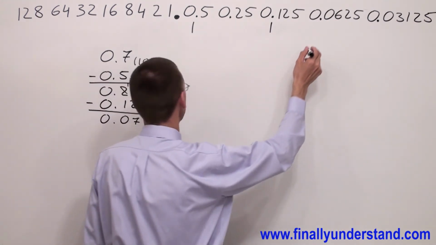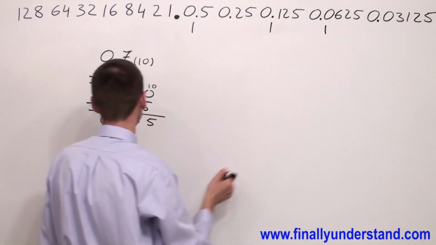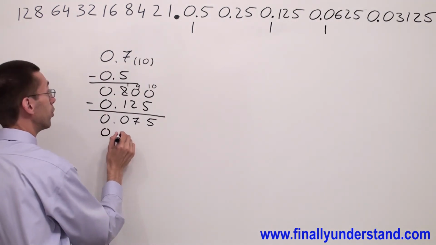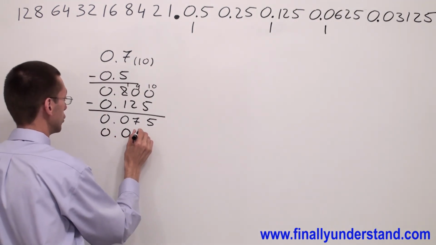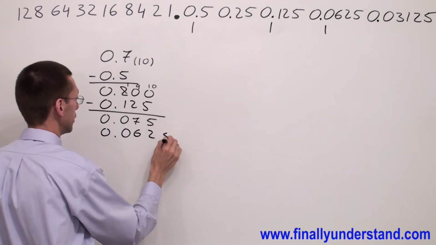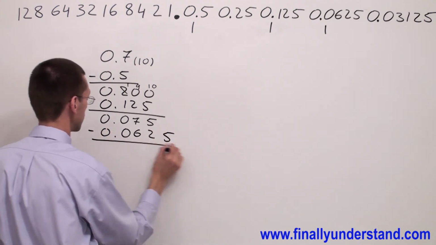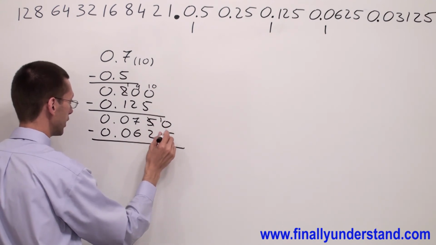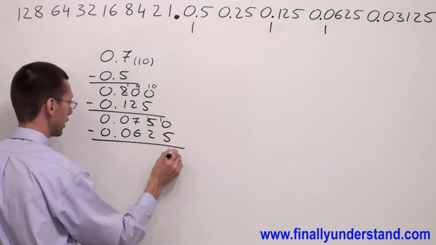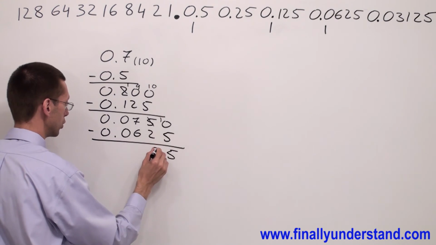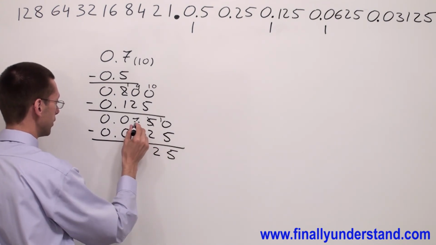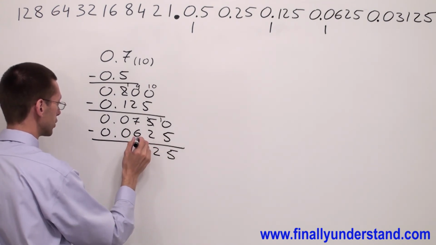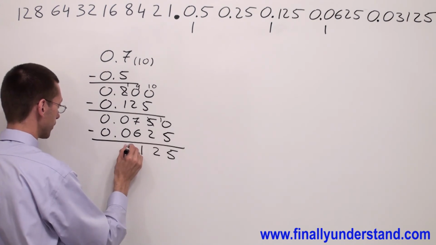I can subtract this value, and I'm going to have 0.0625. Subtract, and I have 0. Borrow 1 from here. I have 10 minus 5 is 5. 4 minus 2 is 2. 7 minus 6 is 1.